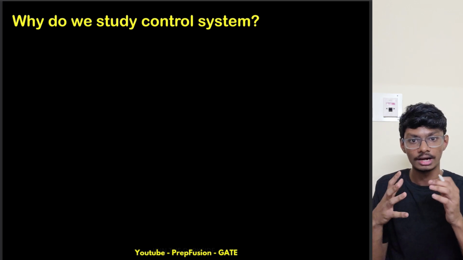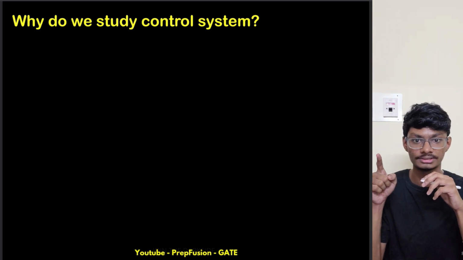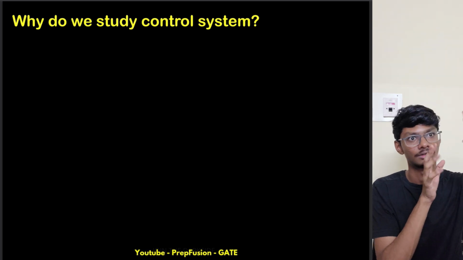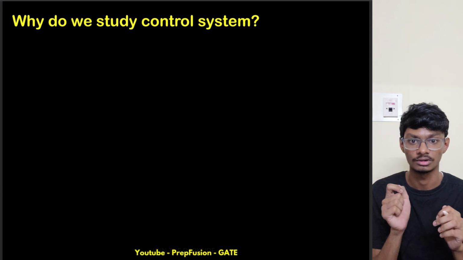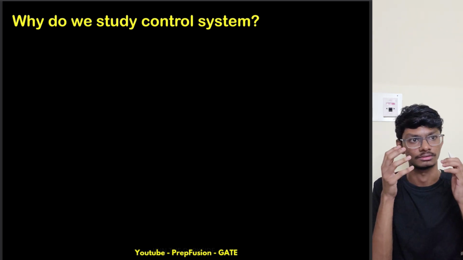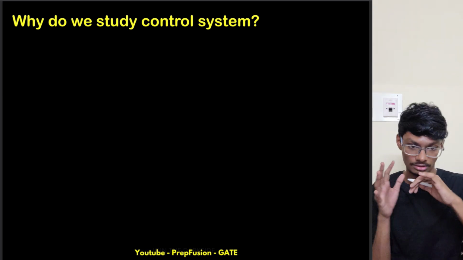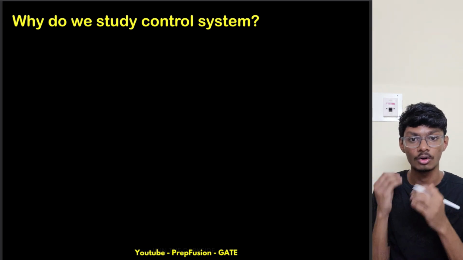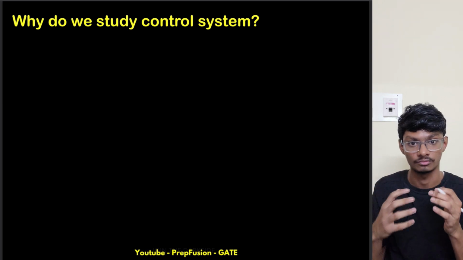We can't just think, this is like a fan and it can rotate like this, then build it, turn on the switch, and directly see whether it works or not. No, it doesn't work like that. It will just waste so much bandwidth and power. So before implementing, we have to validate whether the system is stable or not stable, and for that we need control system to analyze.